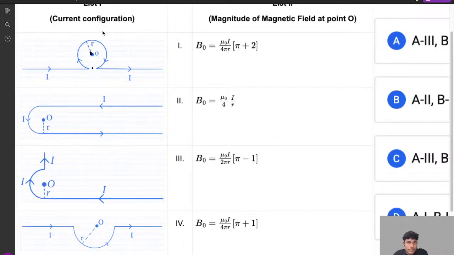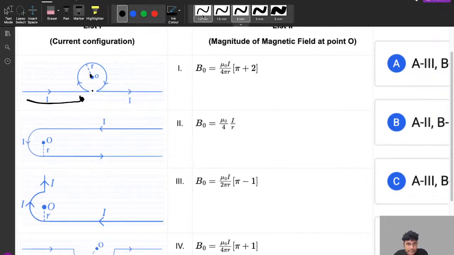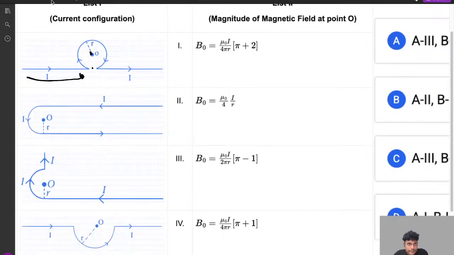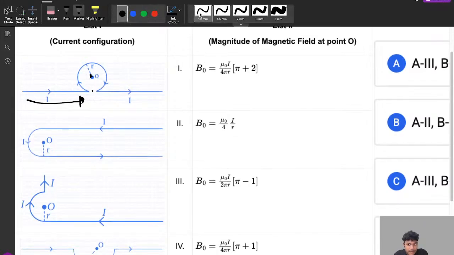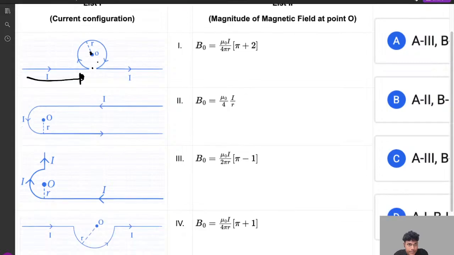So first we have to check the direction. The magnetic field due to this semi-infinite wire at point O is mu naught I upon 4 pi r, right?